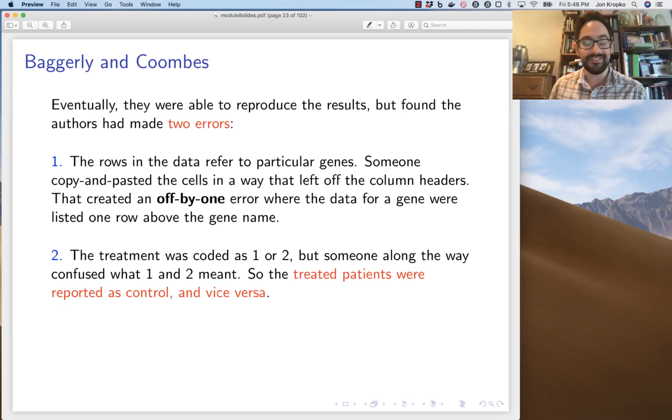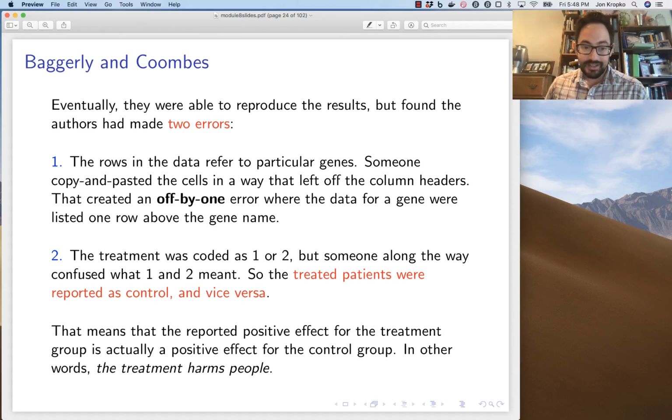Because it's the effect of being in the control group, not the effect of being in the treatment group. So in other words, the positive effect that these authors found was actually a treatment that harms people, not helps people, because of that second error.